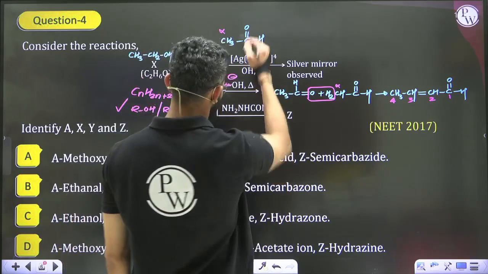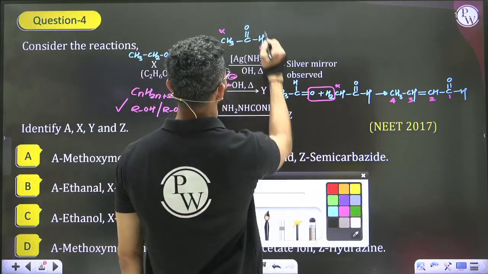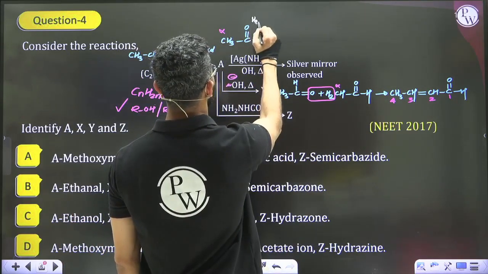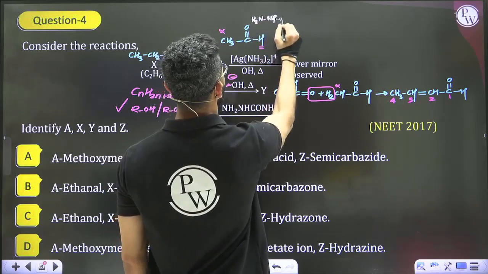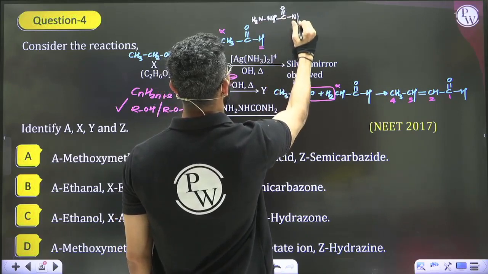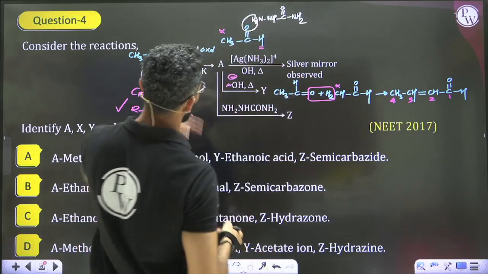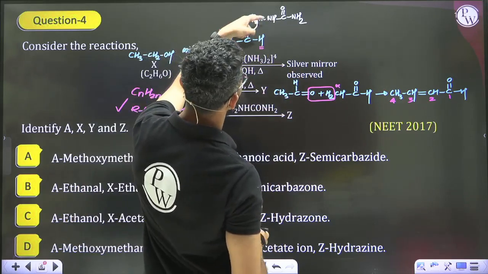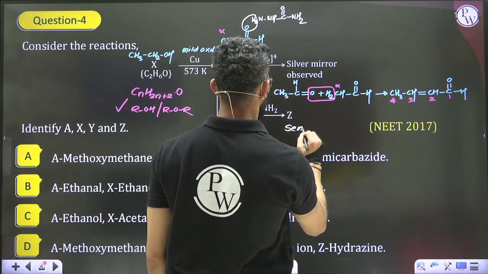So imagine this is acetaldehyde and we are treating that with semicarbazide. We can write it this way: H2N NHC double bond O NH2. And if we condense it like this, the product is going to be CH3CH double bond N NHCO NH2. That is nothing but semicarbazone.